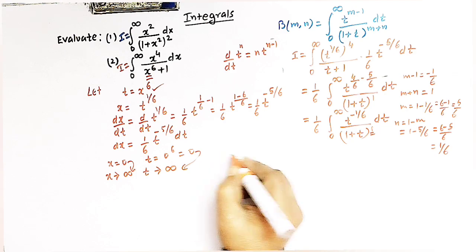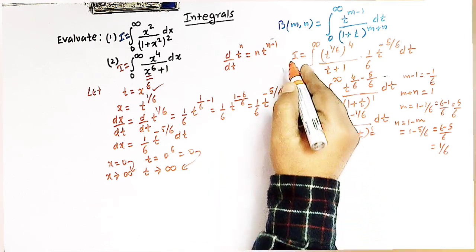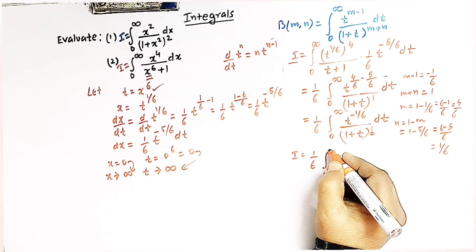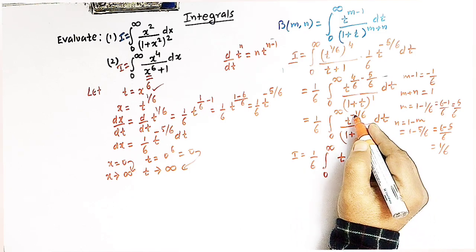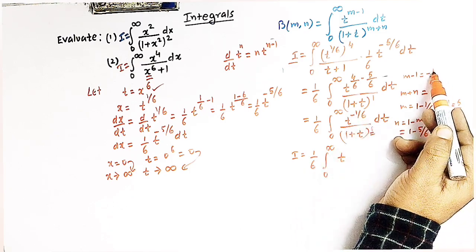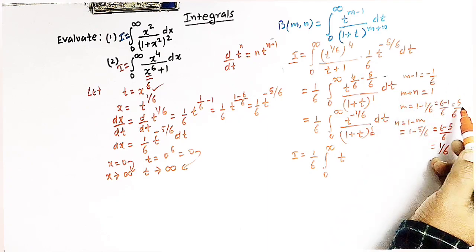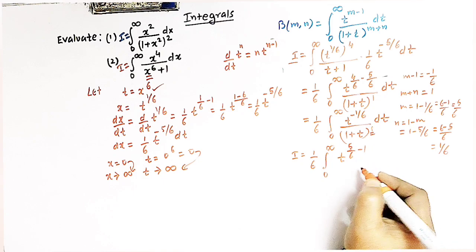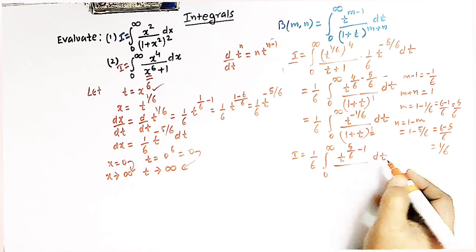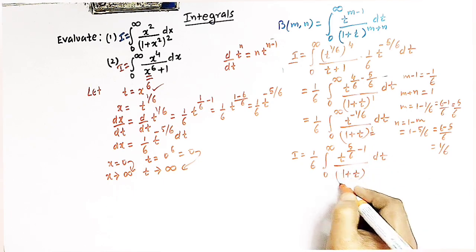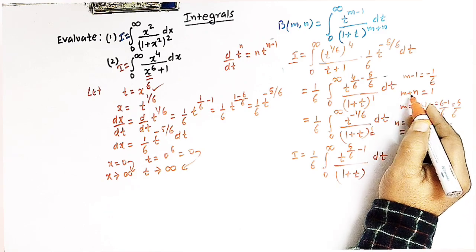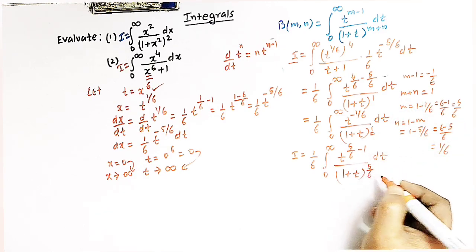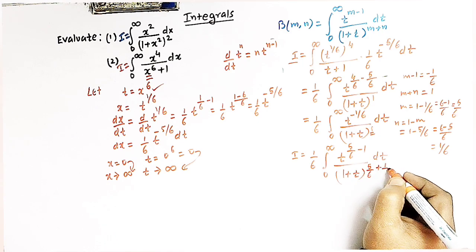So now we can write this integral I as 1 over 6, we have 0 to infinity, and t raised to minus 1 over 6 is m minus 1, and m is 5 over 6. So we can write 5 over 6 minus 1. Here we have dt, and 1 plus t raised to 1. 1 is m plus n, right? M is 5 over 6, and n is 1 over 6.